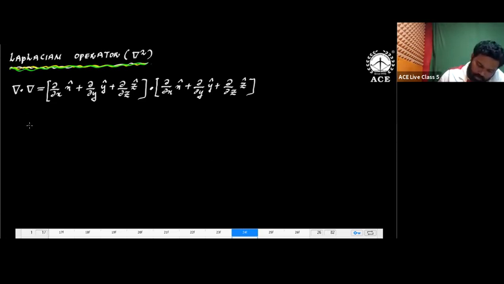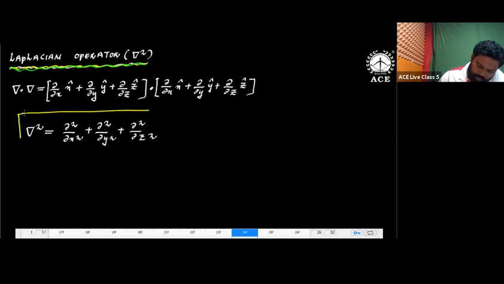So this will be written as del square, which is dou square by dou x square plus dou square by dou y square plus dou square by dou z square. If you apply the laws of dot product, this is the formula that needs to be remembered.